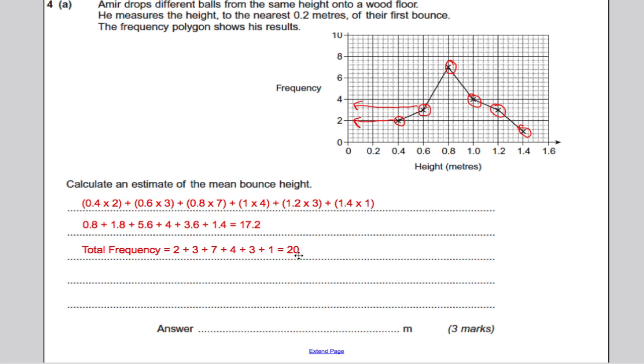Adding them up together, we get 20. And then finally, we're going to do this number divided by the total frequency. So we're going to do 17.2 divided by 20, which is 0.86. So the mean is 0.86 meters.